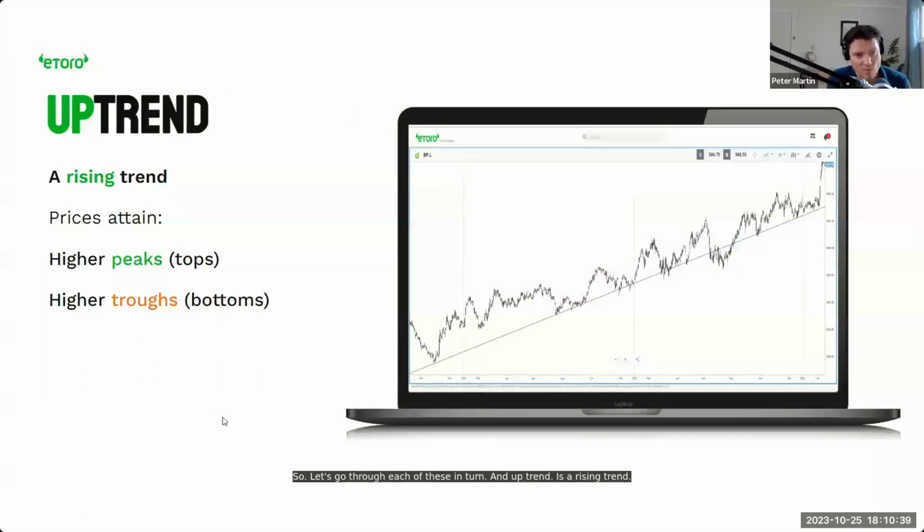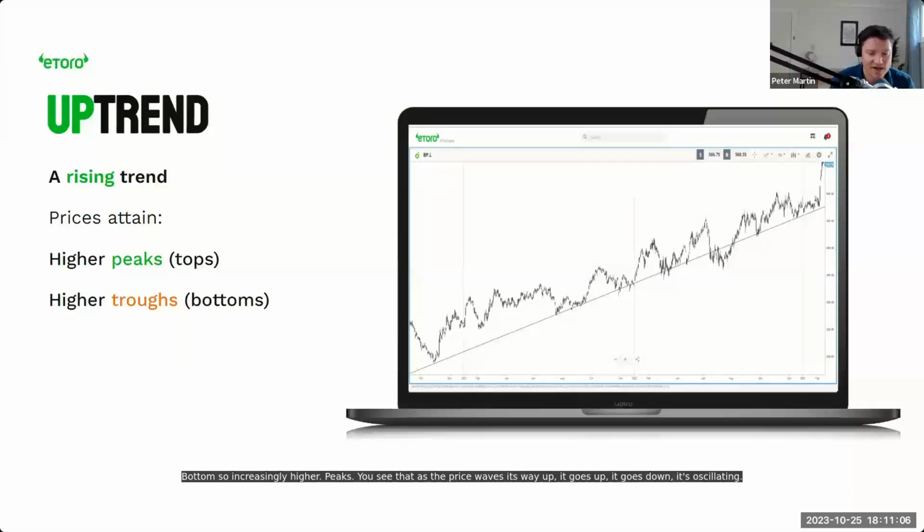So let's go through each of these in turn. An uptrend is a rising trend. Prices are increasingly getting higher. Price doesn't just go in one straight line though. What we see is price moving in waves, and we get higher peaks, called tops, and higher troughs, bottoms.